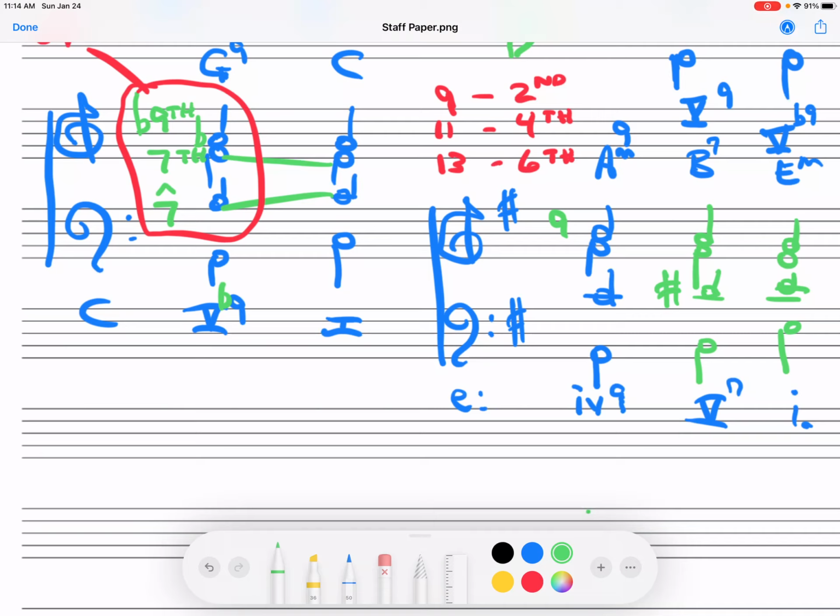Well, I'm going to leave it for a second, then I'm going to think about it. So how do I solve that problem? Well, what if I left out the 3rd of the chord?